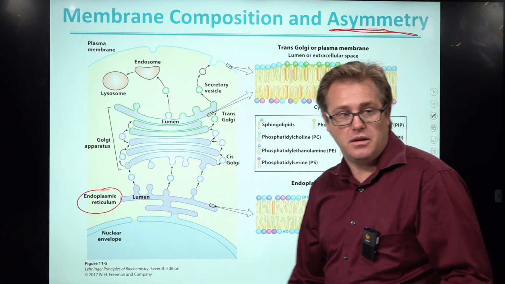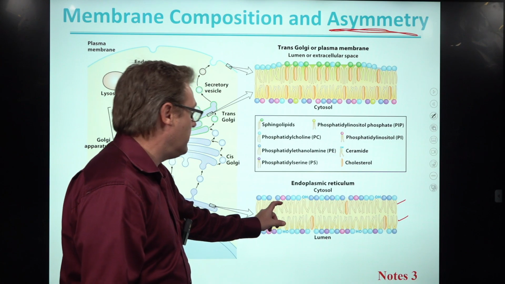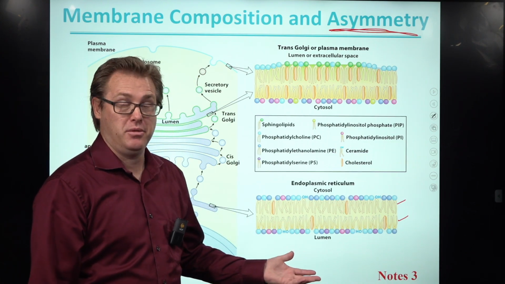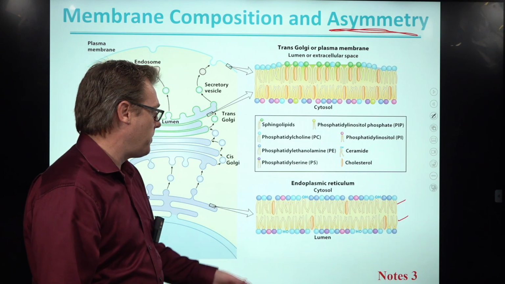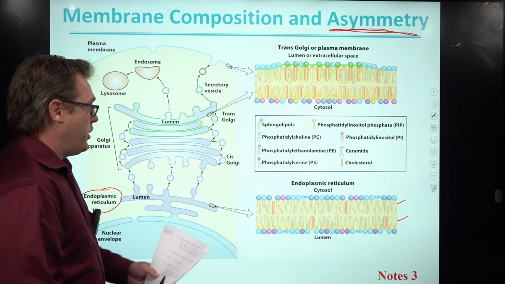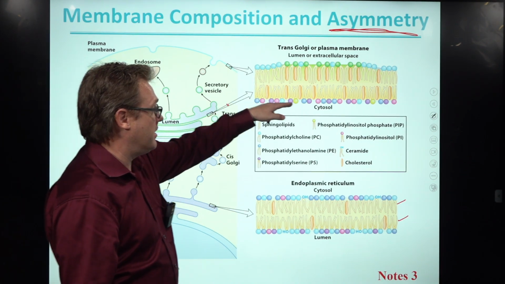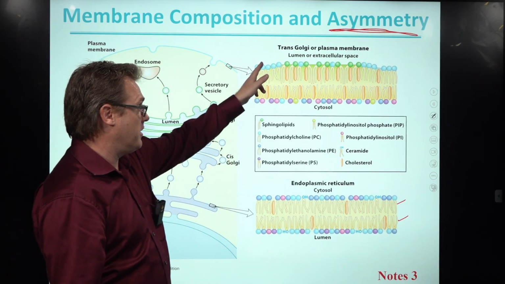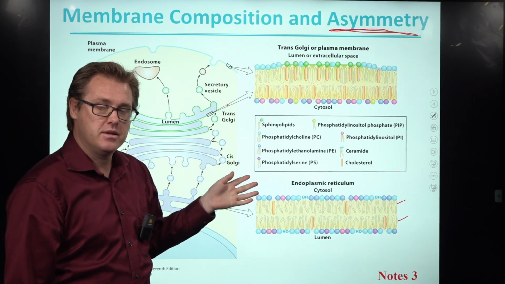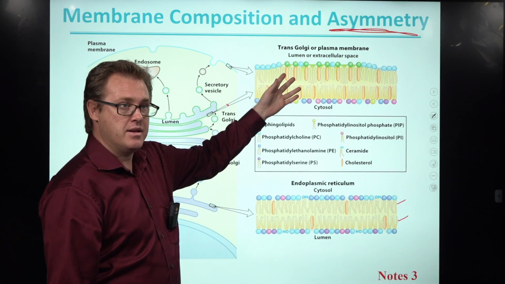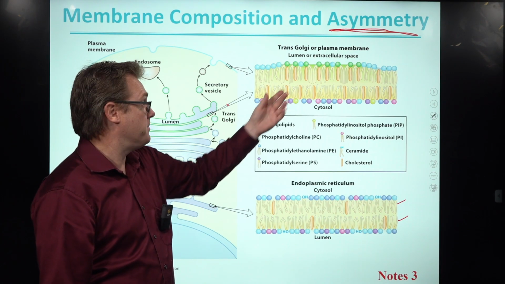So that membrane right there has some symmetry to it. But when you compare this membrane up here, you can see that the colors at the bottom and on the top are different. And so this membrane right here has some asymmetry to it.